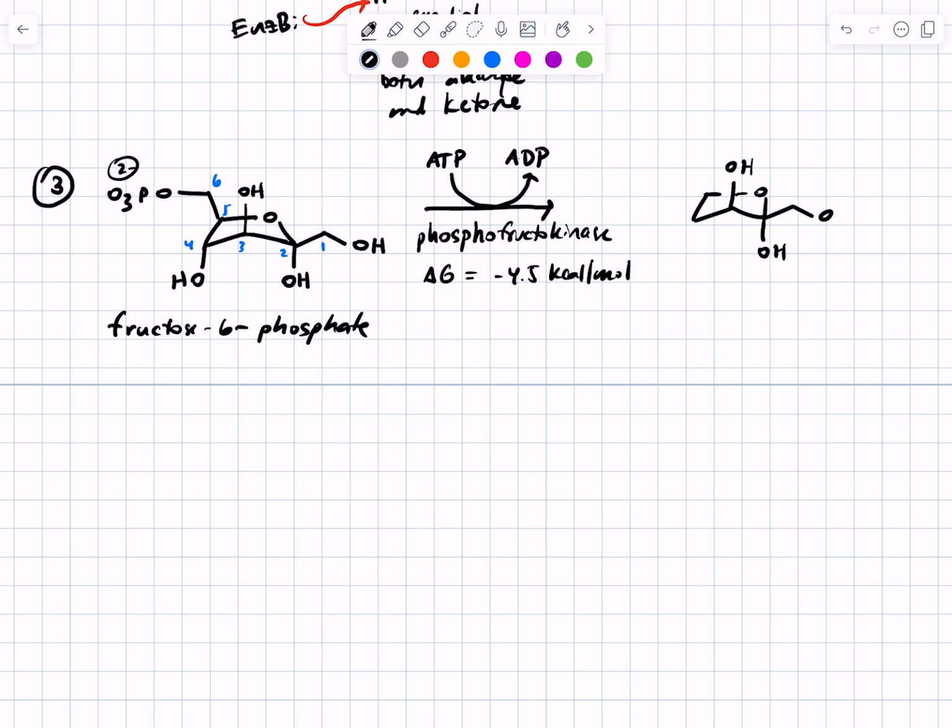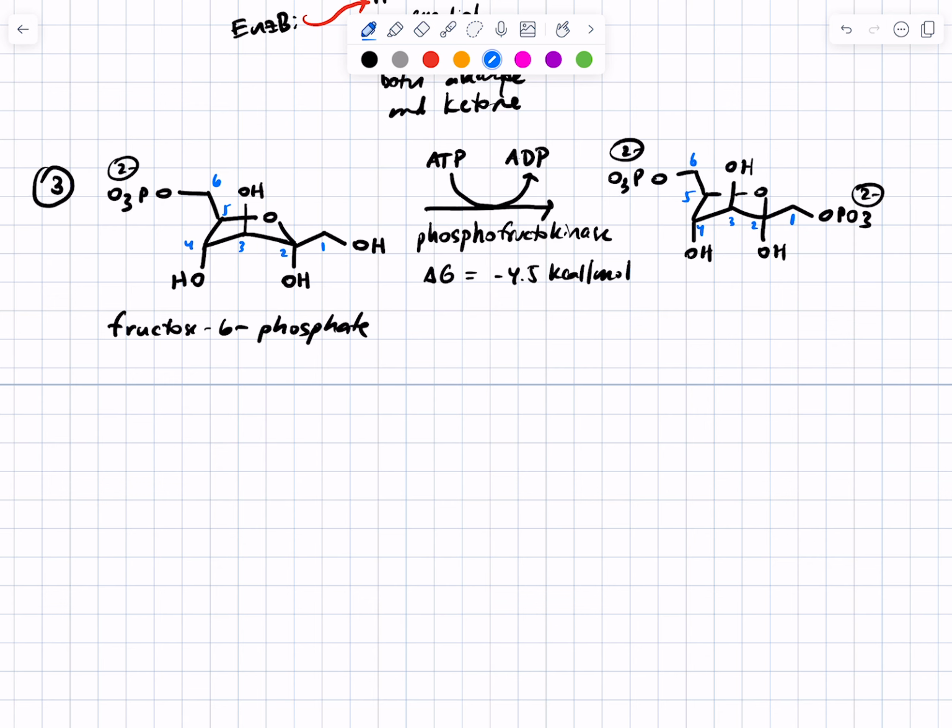So fructose 1,6 bisphosphate is going to have 2 phosphate groups on it, one on C1 and the other on C6.